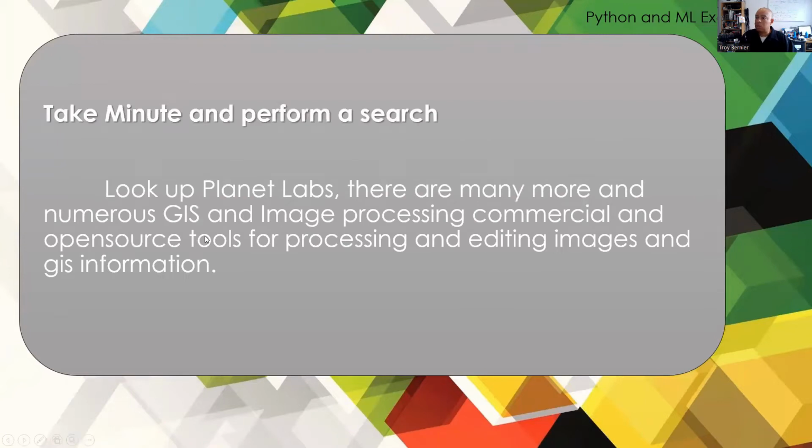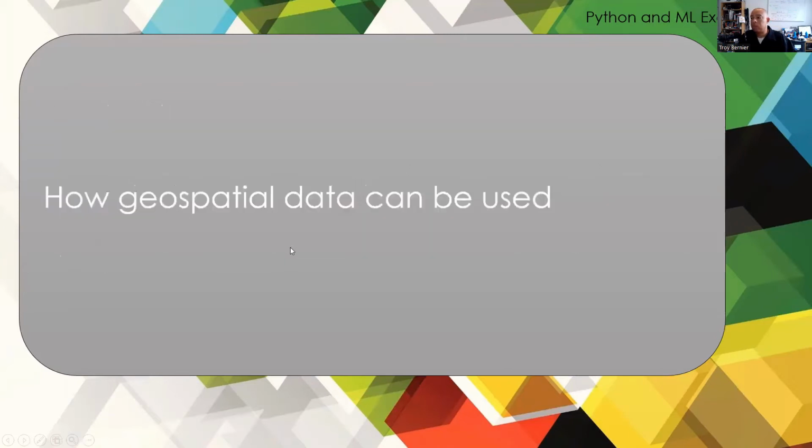So, once again, we already covered this part here. We just did a search on that. So how is geospatial data used? How can it be used? Well, in our case, one example is: where should a global nonprofit expand its reach in remote areas of the Philippines?